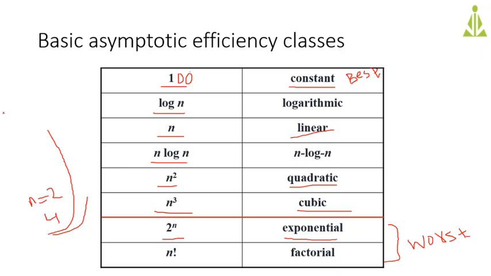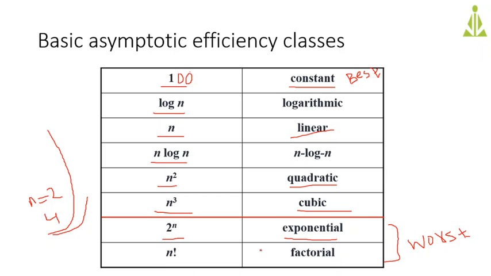Because of that, this is exponential, and that depends on the n value. If n value is 10,000, then 2 power 10,000 will be more. The same way 10,000 factorial will be a huge number. So this is the worst case.